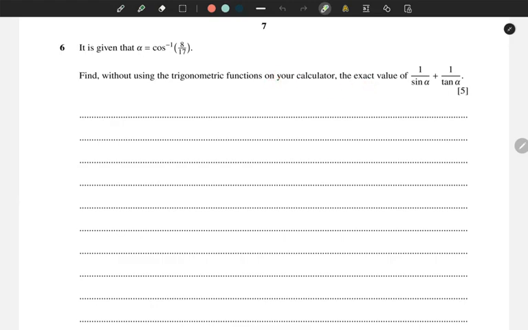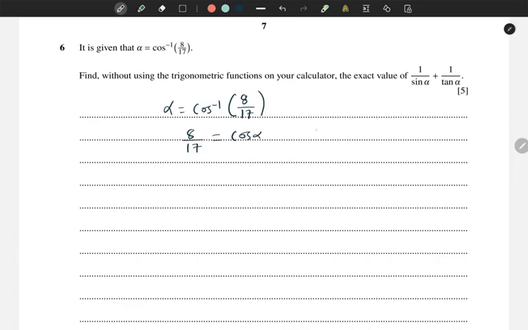So the first thing you have to do here is that, since alpha is cos inverse of 8 over 17, which implies that 8 over 17 equals cos alpha.